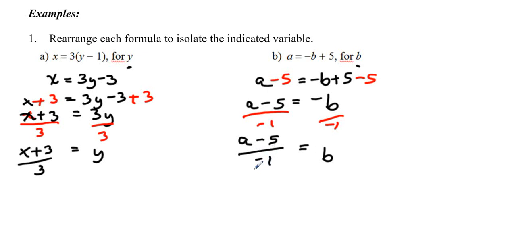If we divide by 1, we're not really changing anything. So in order to get rid of the 1 on the bottom, we need to put that minus up here in the top. So I'm going to put minus up here in front of the a minus 5. And that way I get rid of the 1 on the bottom.